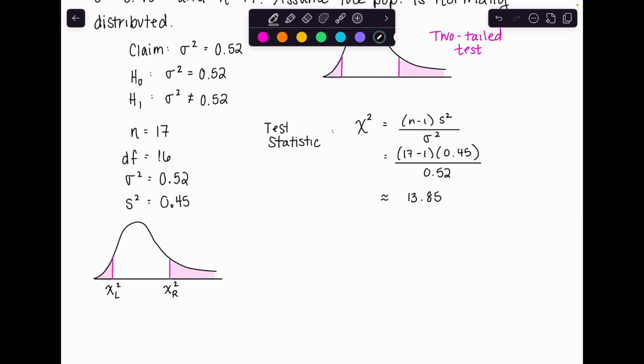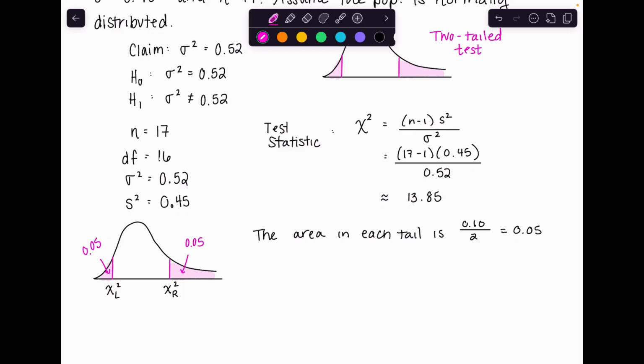So the area in each tail is half of that. So we take the 10% and divide it in half, giving us the area in each tail being 5%. So 5% is here, 5% is here.